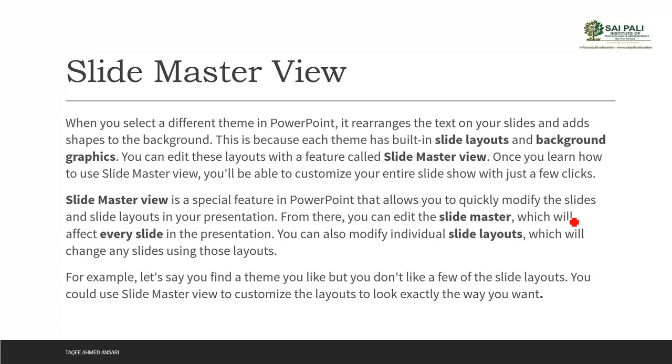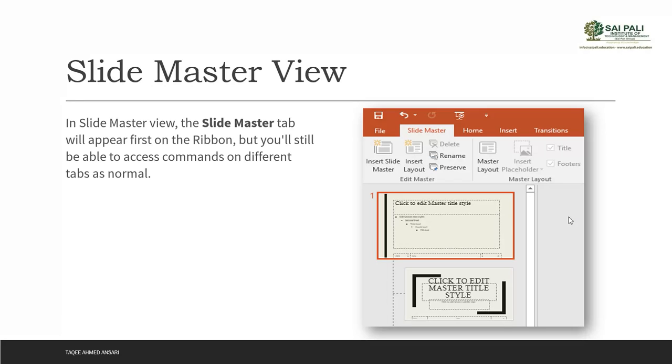From there you can edit the slide master, which will affect every slide in the presentation, and you can also modify individual layouts, which will change any slides using those same layouts. Now for example, let's say you find a theme but you don't like a few of the slide layouts, so you could use slide master view to customize those layouts to look exactly the way you want.